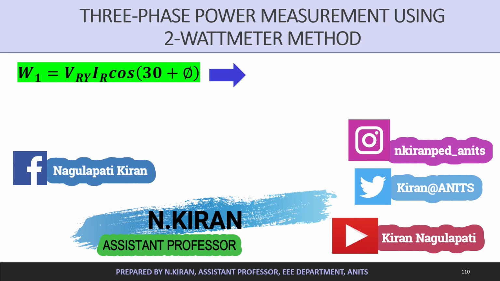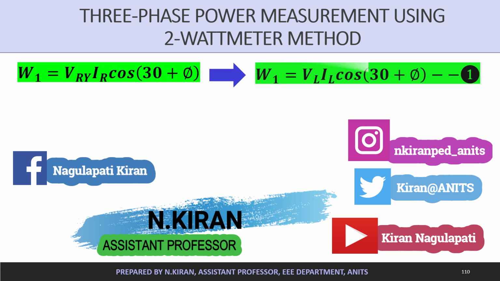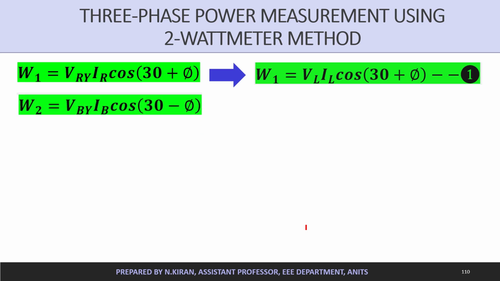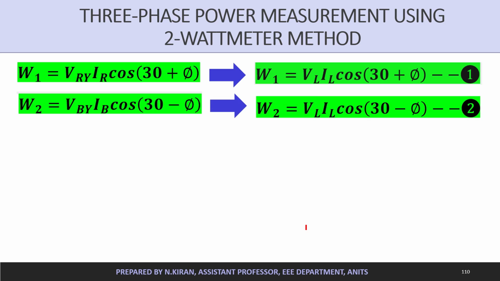W1 is VRY IR cos of 30 plus phi, where VRY is the line voltage and IR is the line current, and the angle between them we have just derived to be 30 plus phi. Secondly, from wattmeter 2, W2 is VBY IB cos of 30 minus phi, as we have derived that the angle between these two phasors is 30 minus phi, indicated as equations 1 and 2.